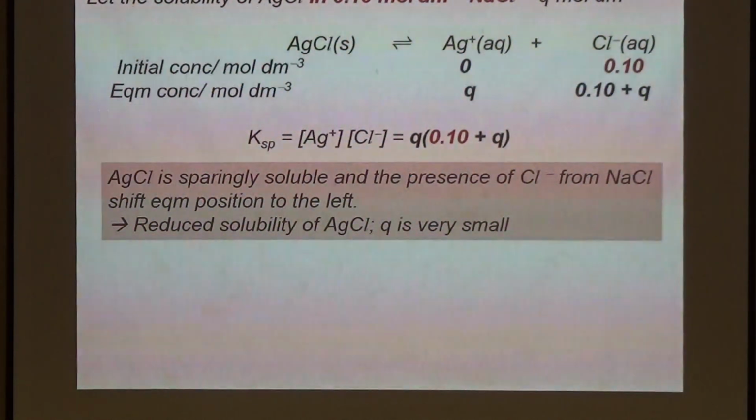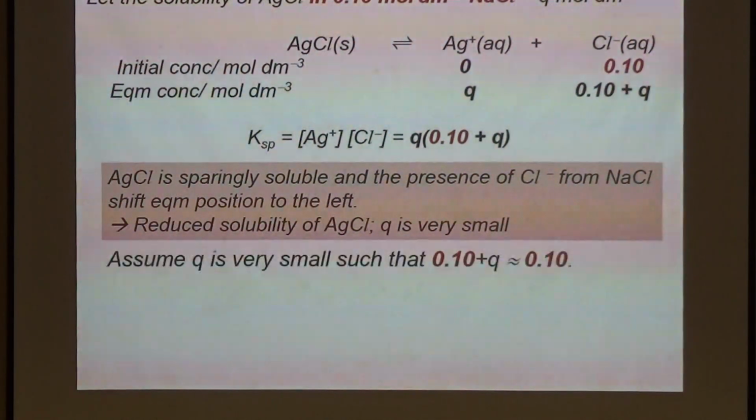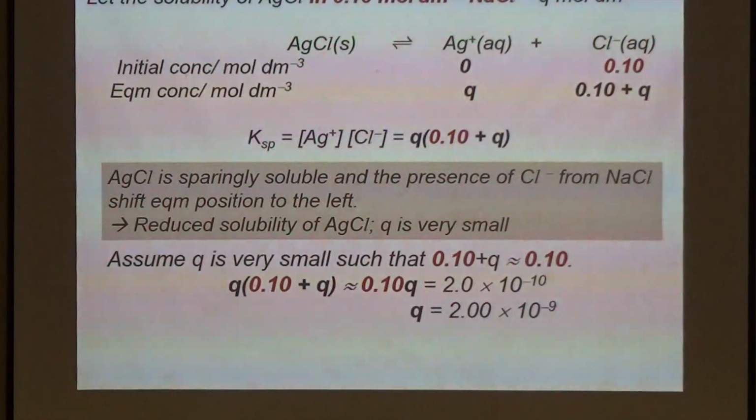Because it's sparingly soluble and there's reduced solubility, Q is small, so you approximate it to 0.1. And therefore that would be your answer.